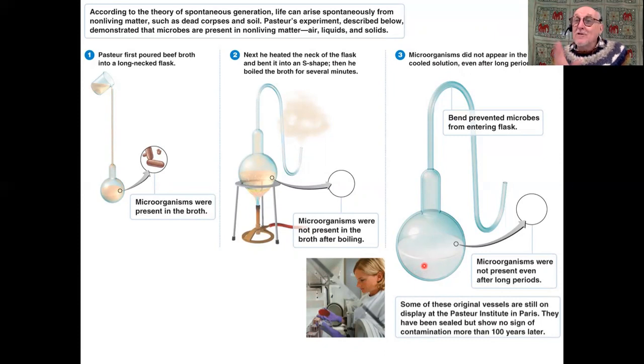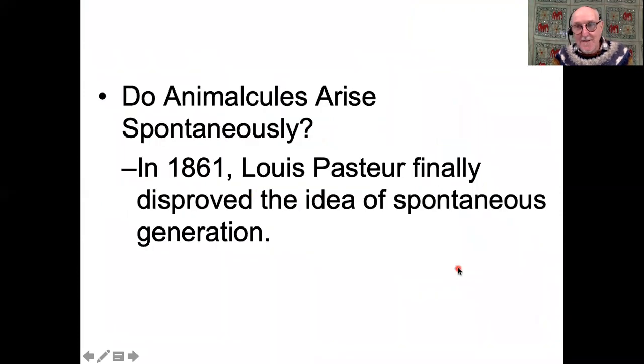In actual fact, if you're in Paris sometime, you can go to the Pasteur Institute, where there are still flasks which contain broth, which Pasteur boiled in swan-neck flasks, and it is still sterile. They have since sealed off the flask because they don't want the broth to evaporate.